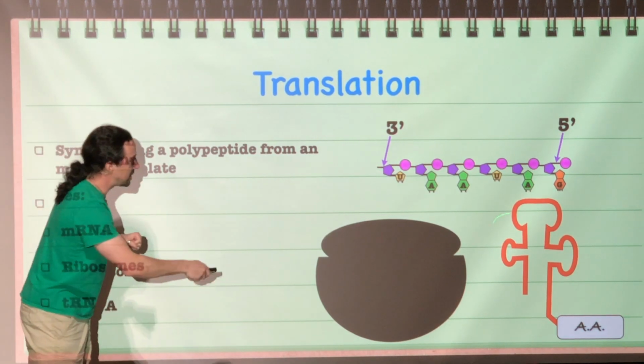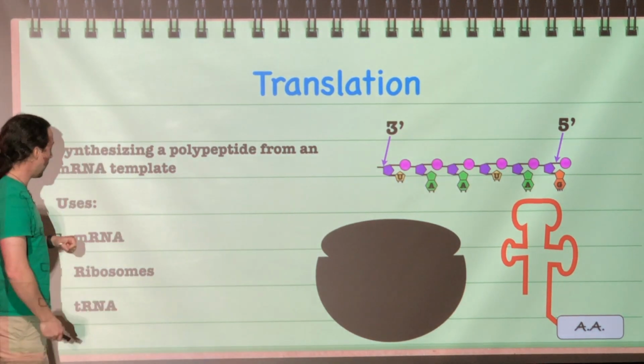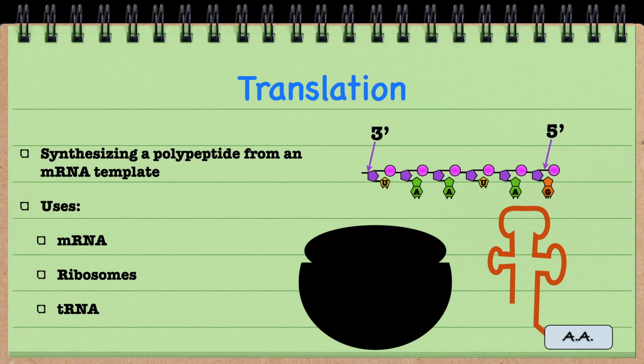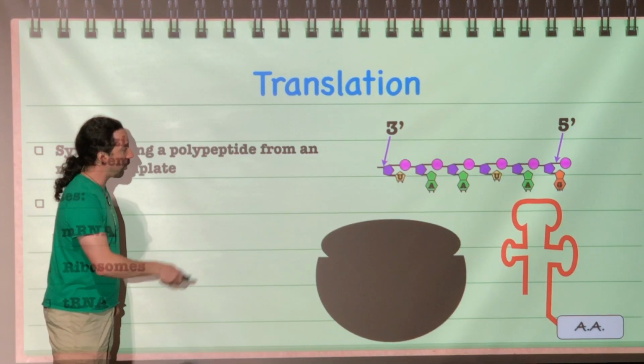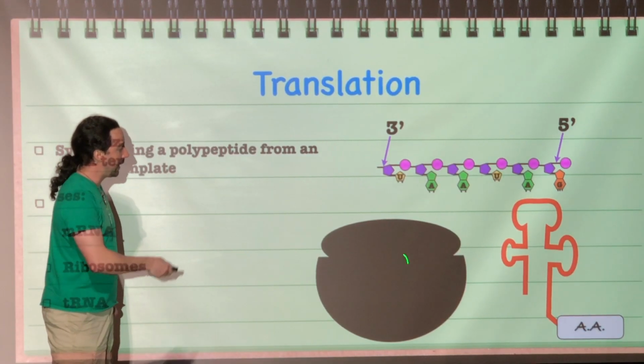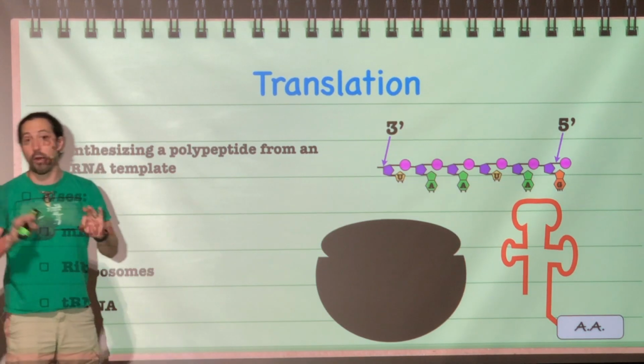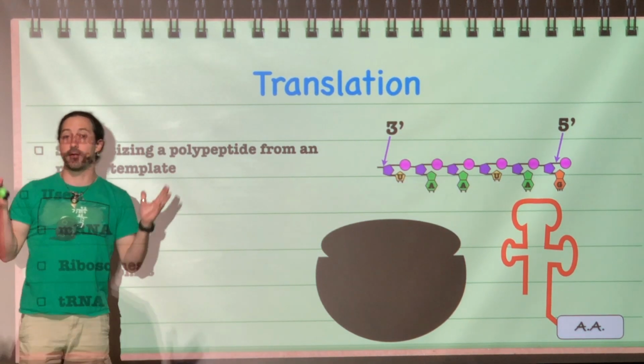And this is our tRNA. And our tRNA is transfer RNA, and it carries an amino acid along with it. So we have transfer RNA, messenger RNA, and ribosomal RNA all being used in the process of translation.